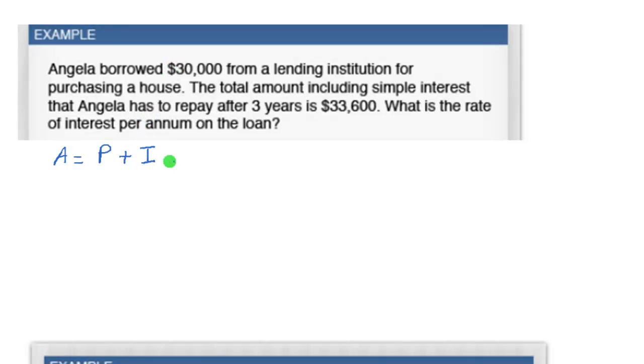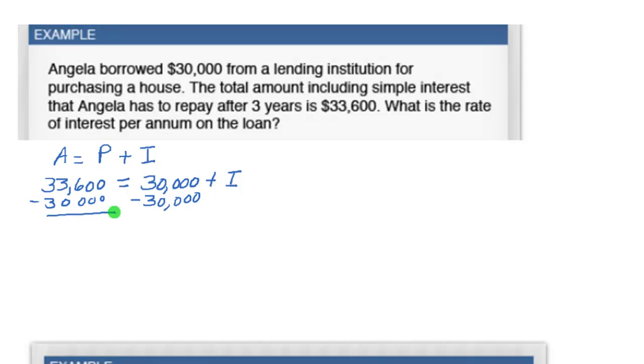We know that the total amount was given as $33,600, and the principal, what she borrowed, was $30,000. So let's use that first to find the interest. If we subtract 30,000 from both sides, we get $3,600, which is our interest.